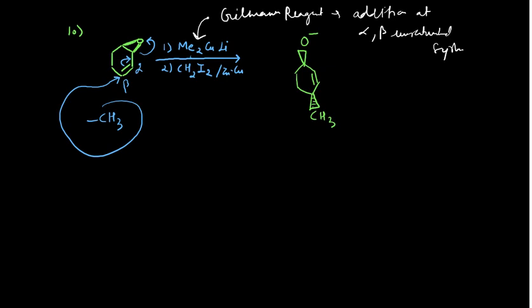After that, what can happen actually? You can do the protic workup for this one. If you do the protic workup, then you will end up with this compound. This is the OH and this is CH3.